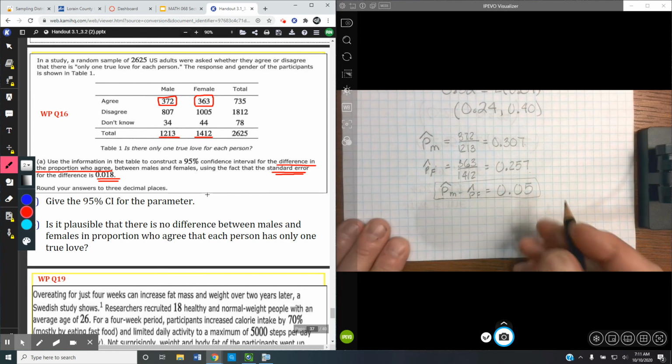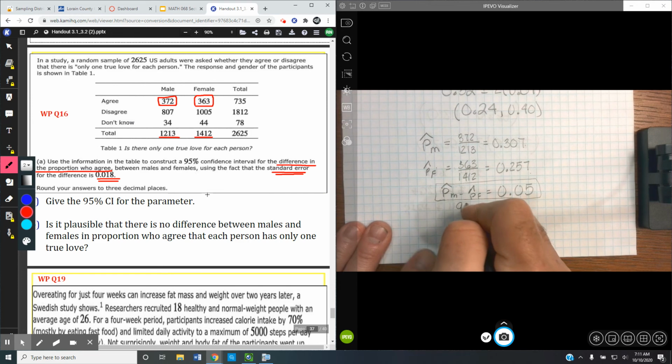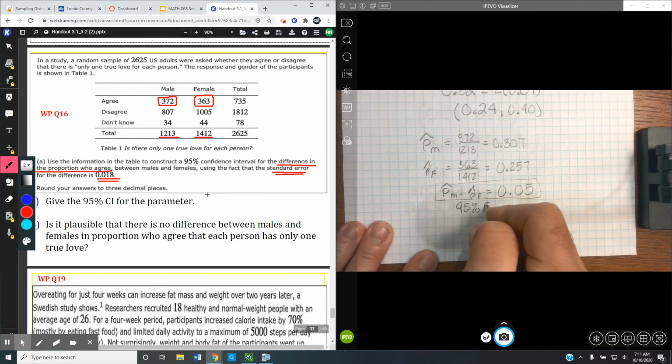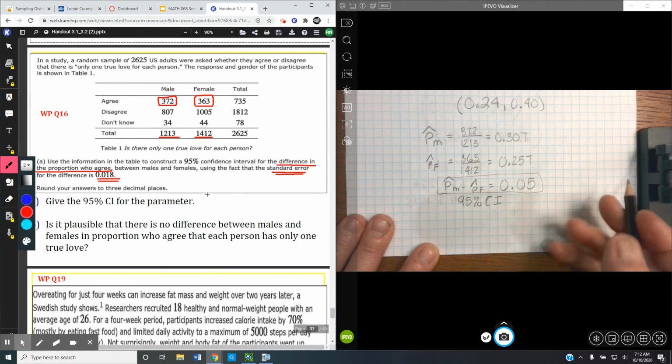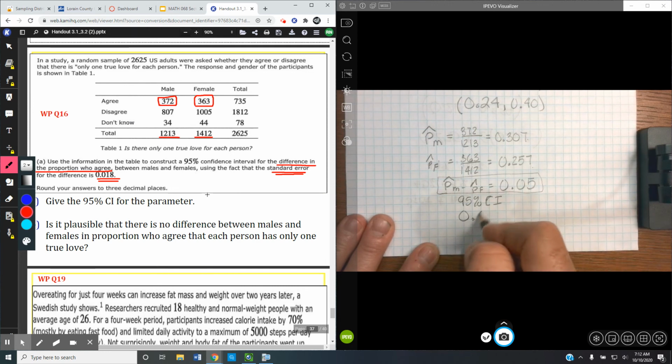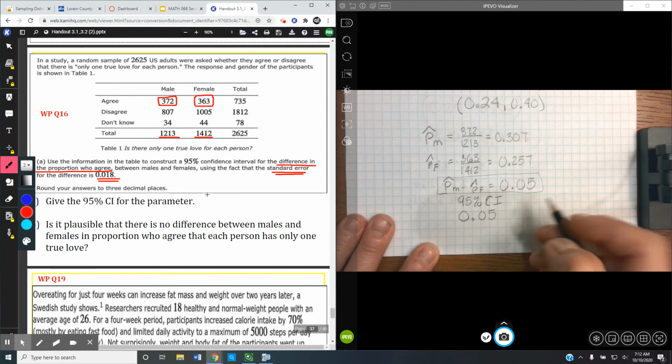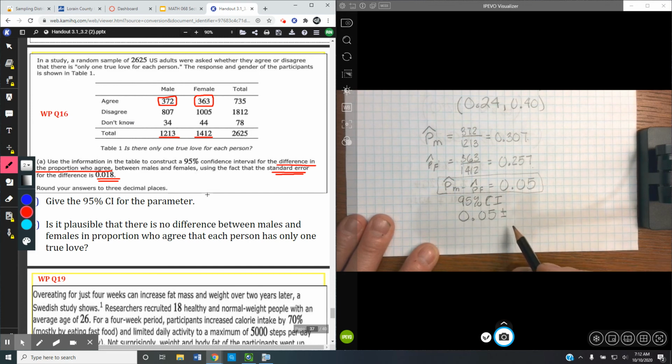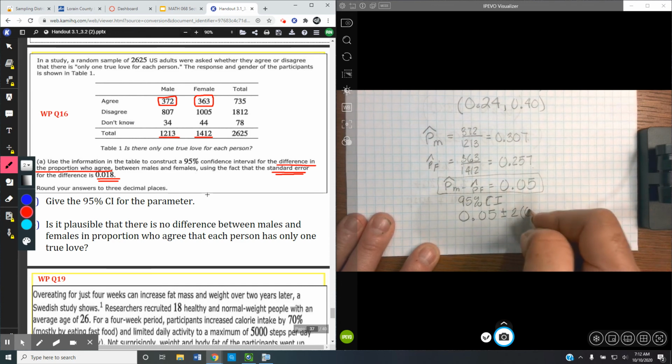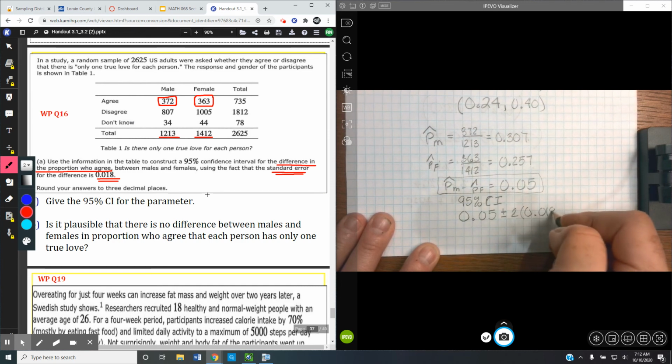So now for the 95% CI, I'm going to take the statistic. I'm going to add and subtract either one margin of error or two standard errors, but they gave me a standard error. So it's going to be two standard errors of 0.018.